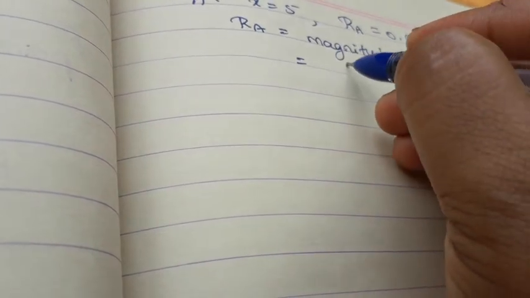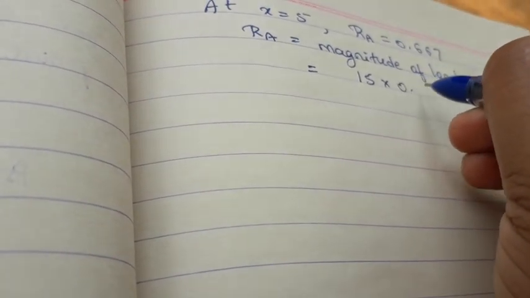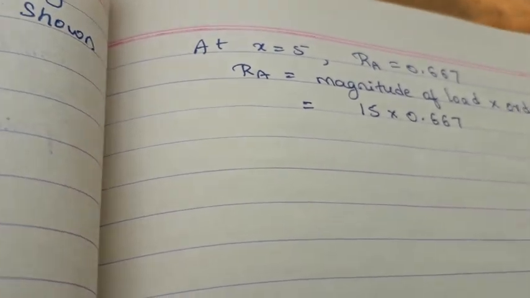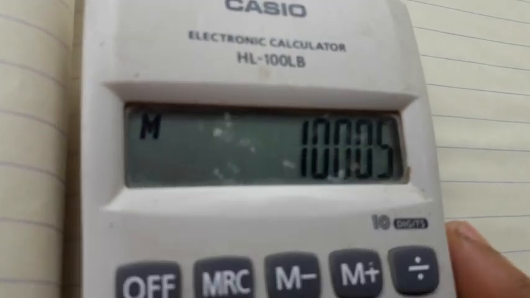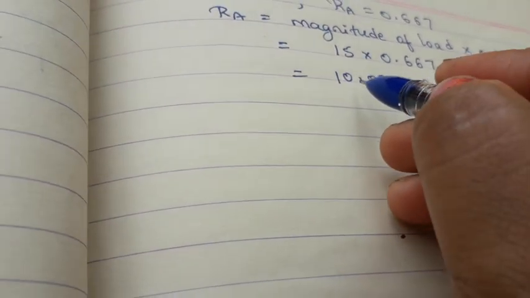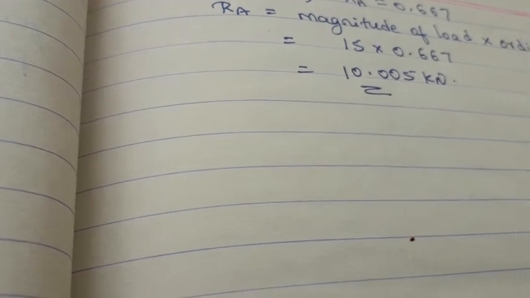So, magnitude is 15 kilonewton and ordinate is 0.667. So, how much we get by this is 15 into 0.667, which is 10.005 kilonewton. So, this is how you have to calculate.